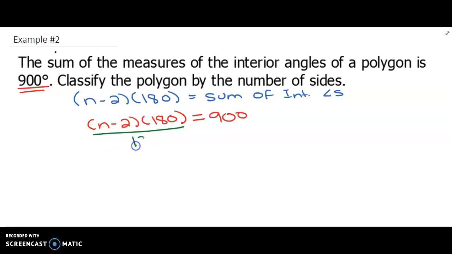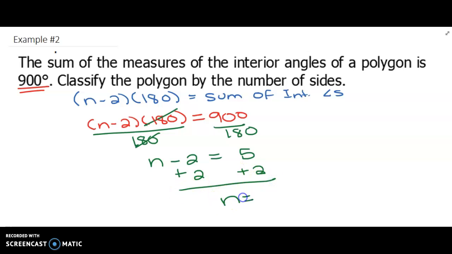Let's just divide each side by 180 to start with. So 900 divided by 180 gives me 5. And when I do that, this 180 and this 180 cancel out, so I have n minus 2 equals 5. Guys, now to solve for n, just add 2 on both sides, n equals 7. So there's 7 sides, which means that we have a heptagon.